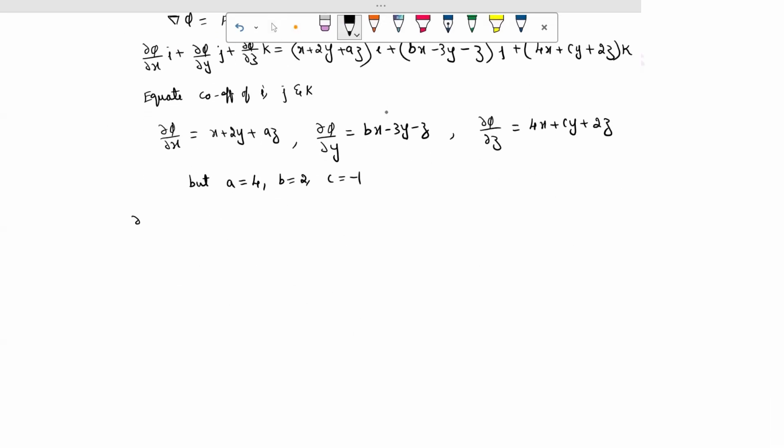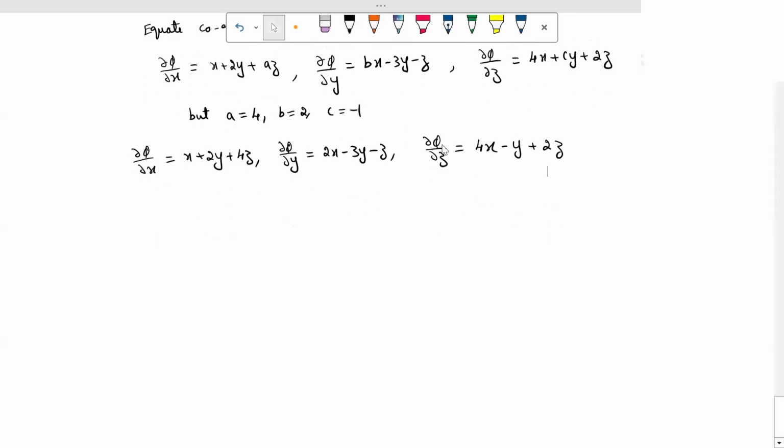We have ∂φ/∂x equals x plus 2y plus 4z. Then ∂φ/∂y equals 2x minus 3y minus z. Then ∂φ/∂z equals 4x, and since c is minus 1, plus into minus will be minus y, plus 2z.